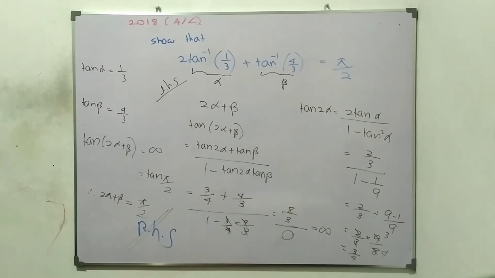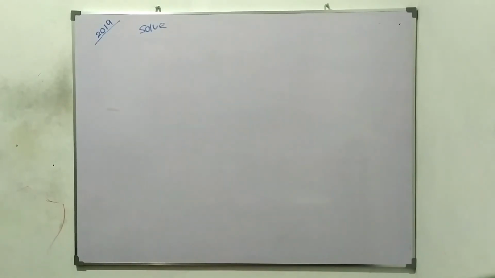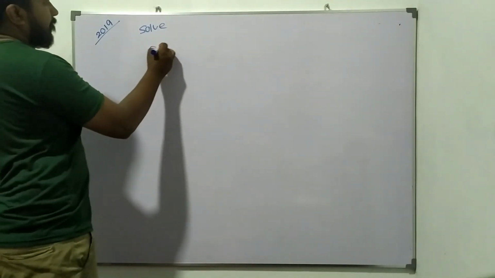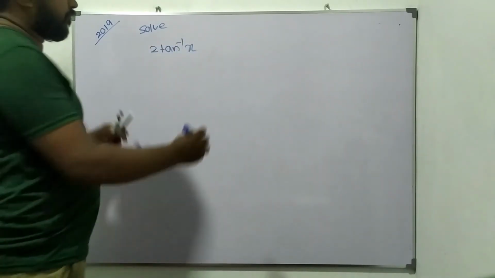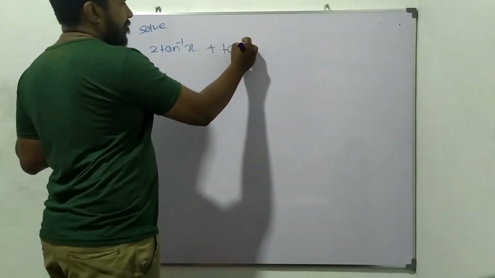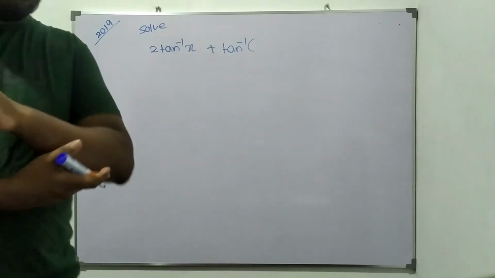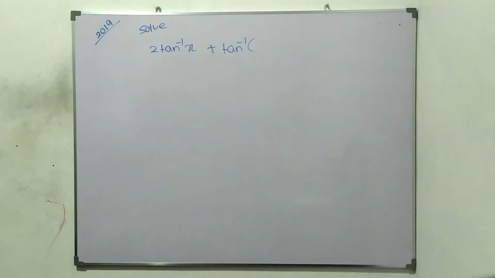Okay, this is the 2018 paper. Okay, now let's move to the 2019 A-level paper. So first of all, you have to solve the equation 2 tan inverse x plus tan inverse.